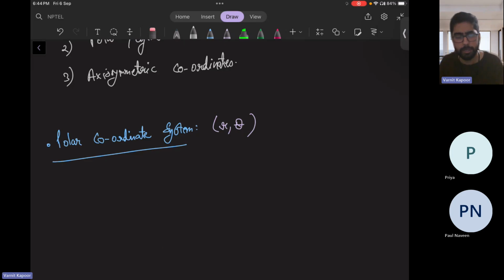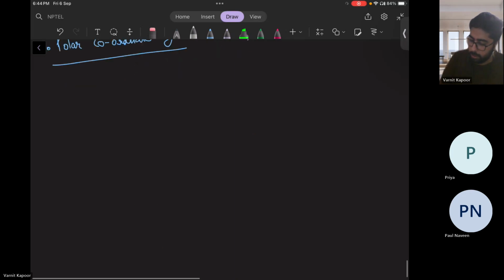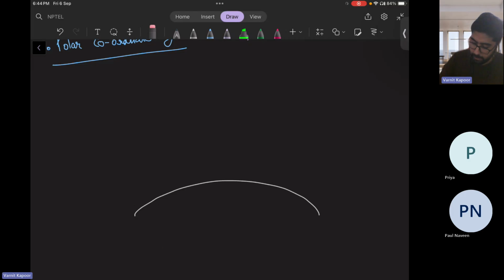And we'll first deal with the two-dimensional problem only. We will not include the third dimension, that is Z, here. So now my grid will look something like this.